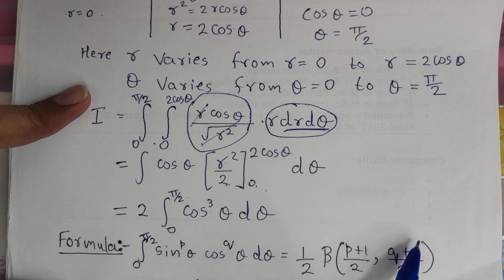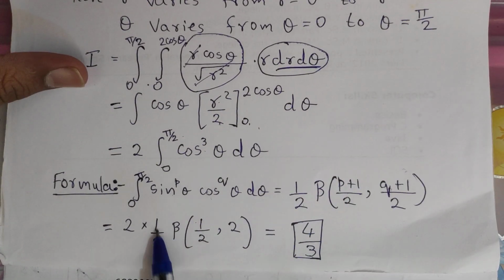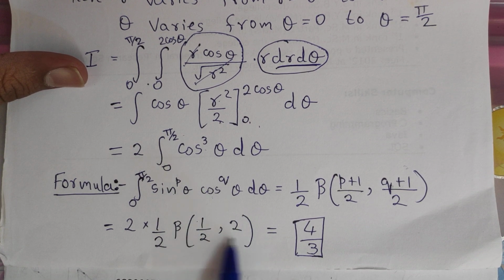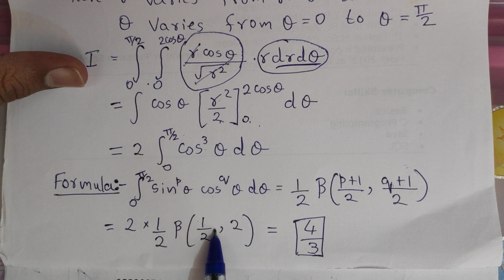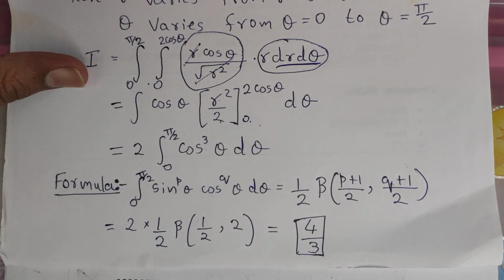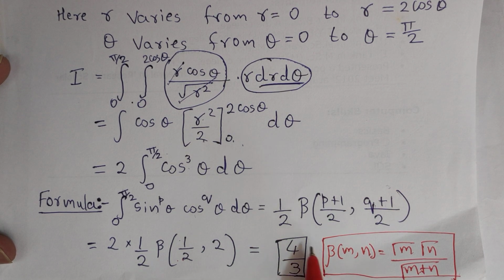On substituting p and q, we'll get 1 by 2 beta of (1/2, 2). We can simplify this by using our beta formula, and the value of the integral will be 4 by 3. So this is the formula of beta functions by which we can find the value of this. Beta(m, n) is gamma m gamma n upon gamma (m plus n). So we'll get the value as 4 by 3.